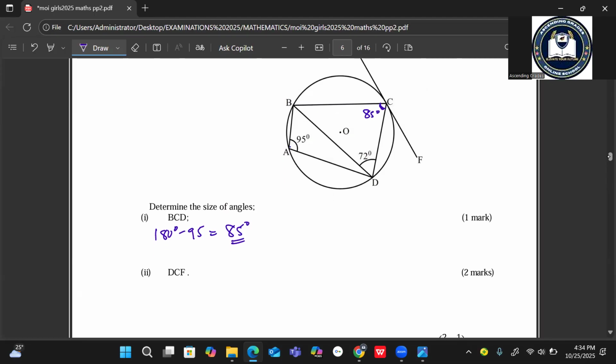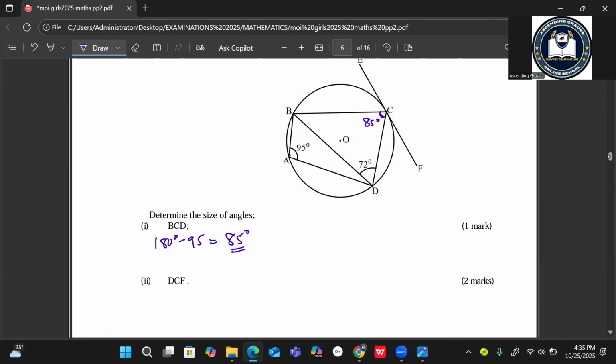Then next they are asking for DCF, this angle. So for us to get this angle, first of all, let us look for this angle DBC. How do we get it? You simply take 72 plus 85 minus 180. Angles in a triangle add up to 180.